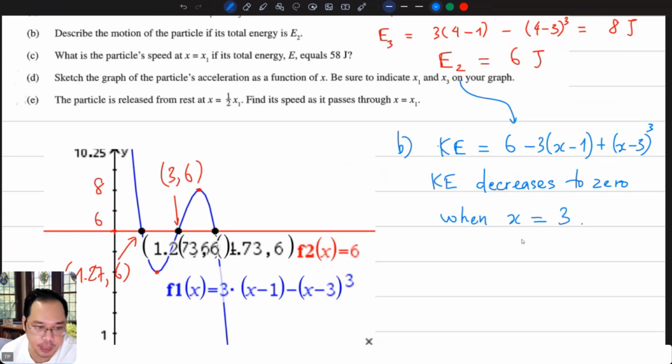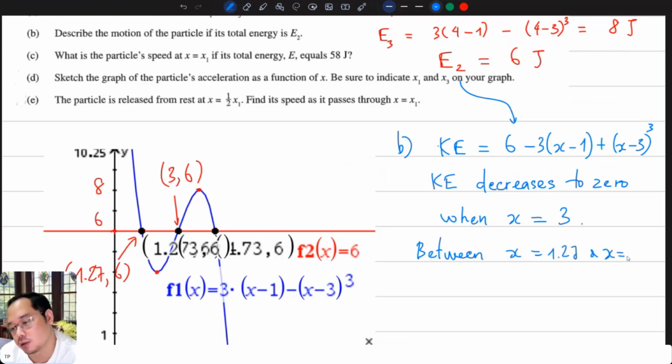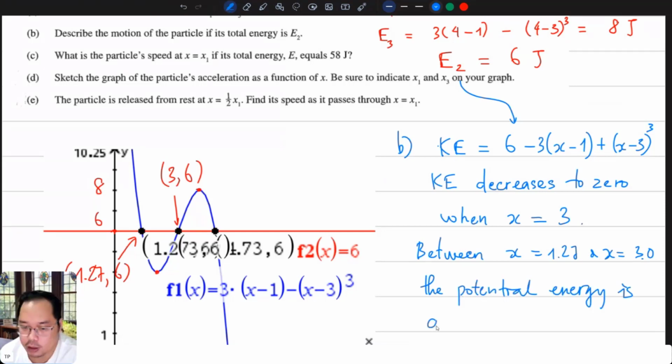Okay, between 1.27 and 3, meaning between the 2 points, between x equals 1.27 and x equals 3, the potential energy is a well, and the kinetic energy becomes 0 here.